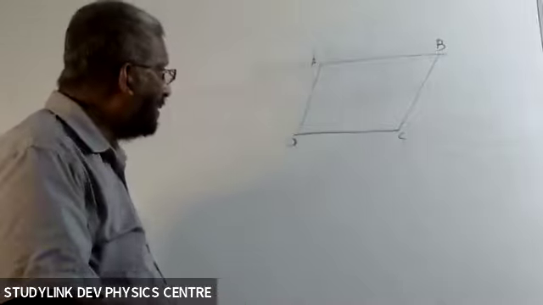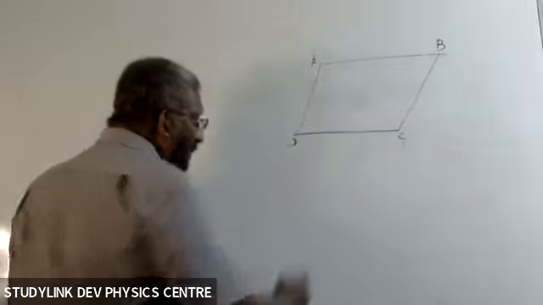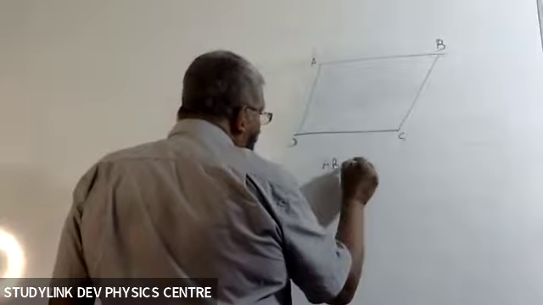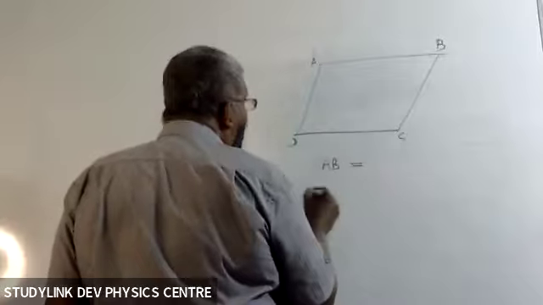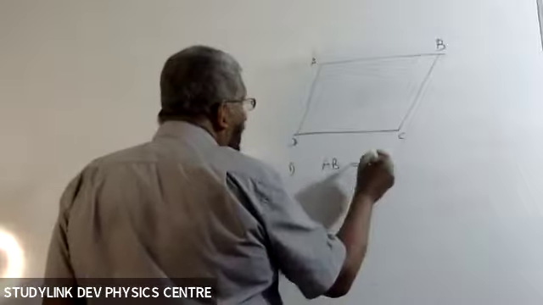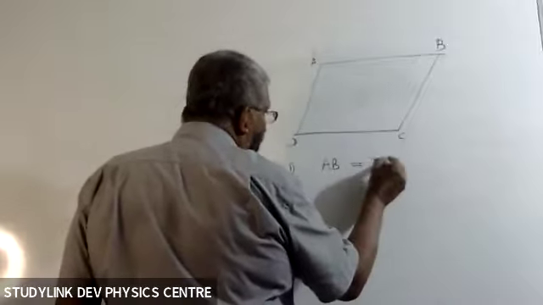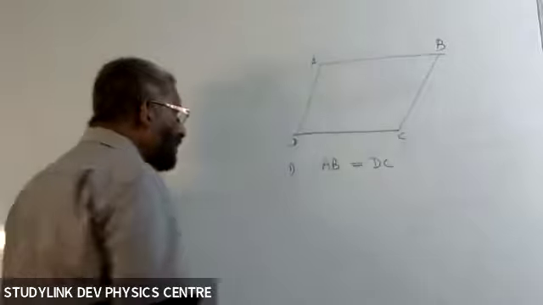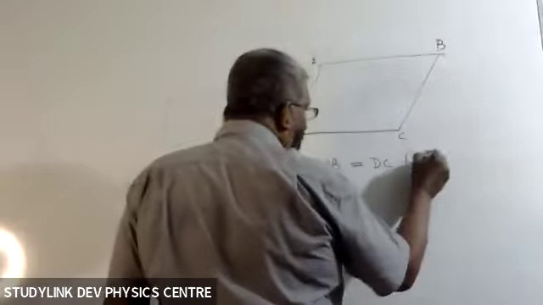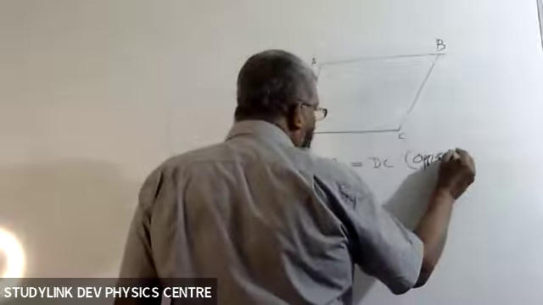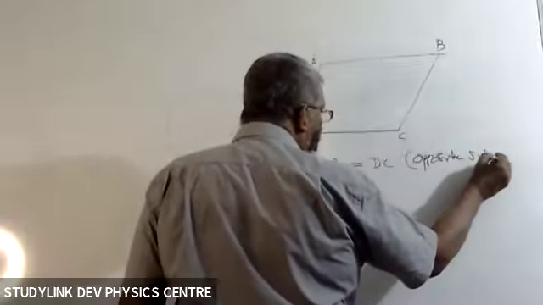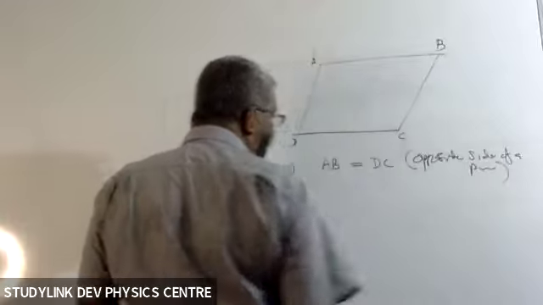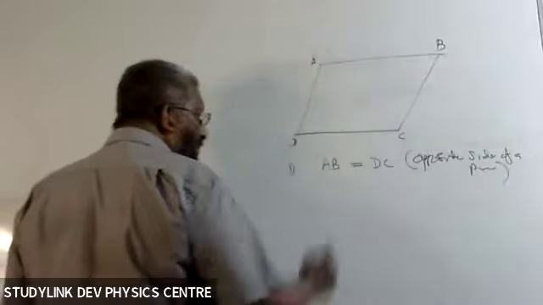Those are special cases. Then here, AB is equal to DC because opposite sides of a parallelogram are equal.